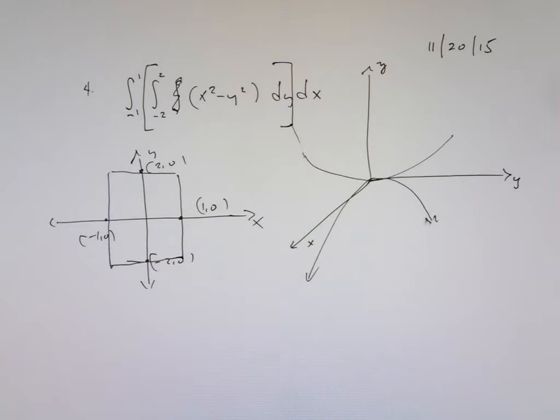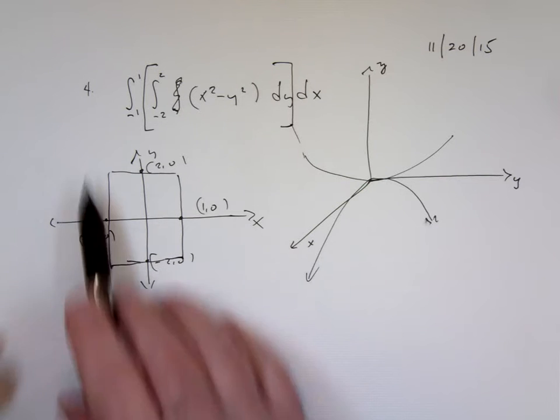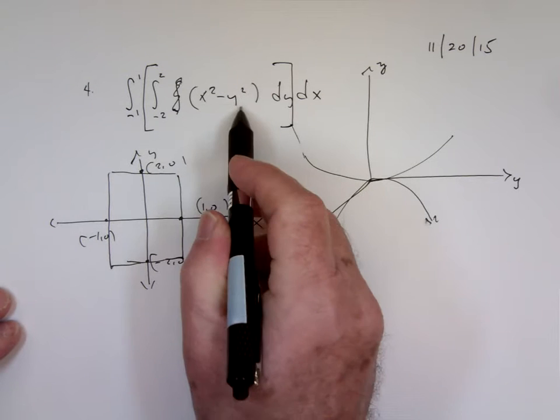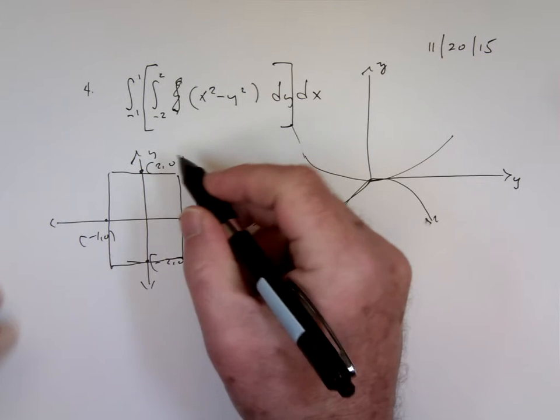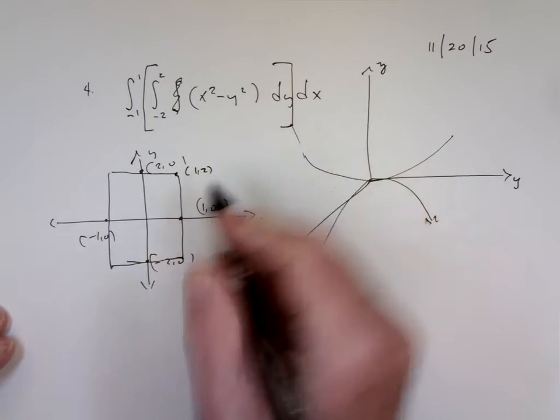Okay. One other interpretation. There's a totally different interpretation that's possible, though. The other interpretation is, if you've got this as a lamina in the xy plane. Now, what's a lamina? It's a thin plate in the xy plane that has some mass because it has a density. And if the density function were given as x squared minus y squared, in other words, at a given point, let's say the point 1, 2, what's the density at that point?